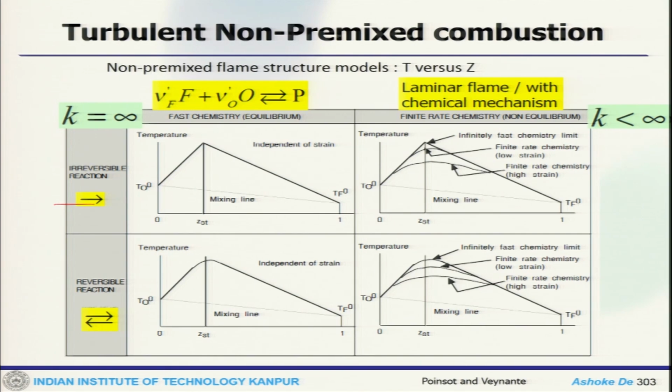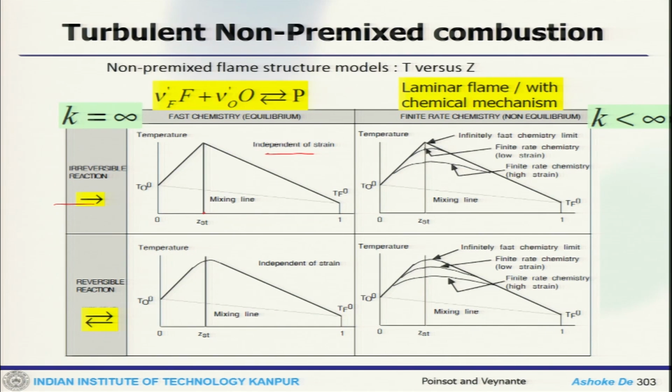That means at the stoichiometric, all the fuel will get consumed and oxygen will also get consumed, and you will get the maximum temperature, which is independent of strain. And this is strictly for the irreversible reaction with the fast chemistry limit. That means my fuel will become 0 here, oxygen will become 0 there, and the temperature will go up.